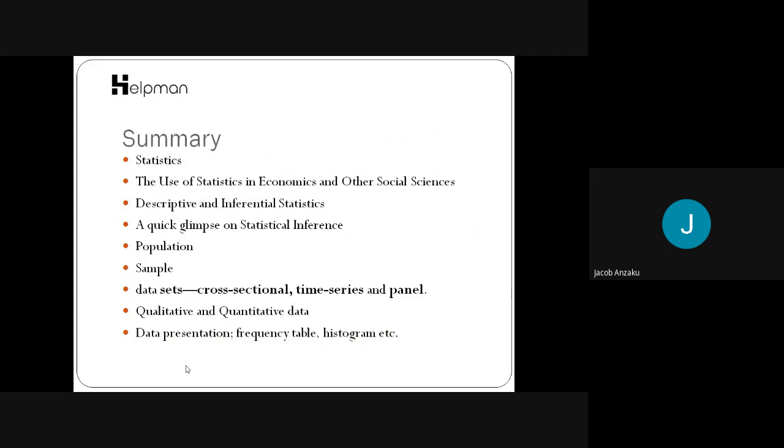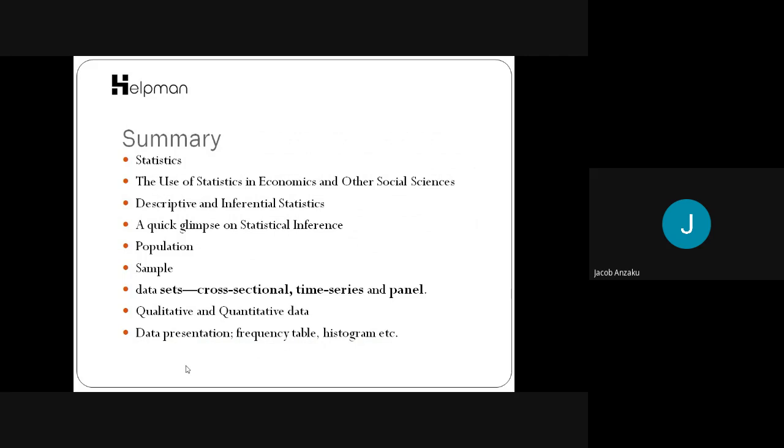We also looked at the use of statistics in economics and other social sciences. We see that some economic theories cannot be fully evaluated without the use of statistics. It is statistical methods that enable us to give inferential conclusions about a particular data that occur.